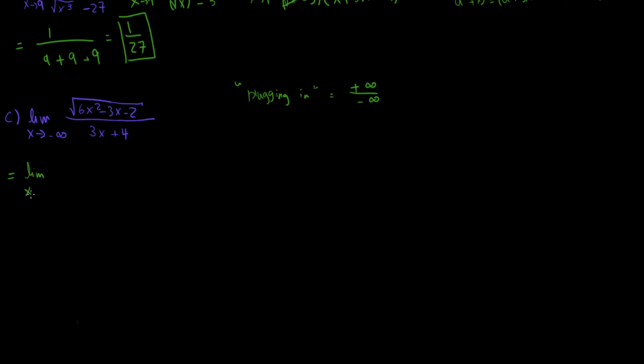So you end up getting the limit as x goes towards negative infinity. Under the square root, what's the highest power of x? x squared. So it becomes x squared, all under the root, times 6 minus 3 over x minus 2 over x squared. And then at the bottom, you'll have x times 3 plus 4 over x.